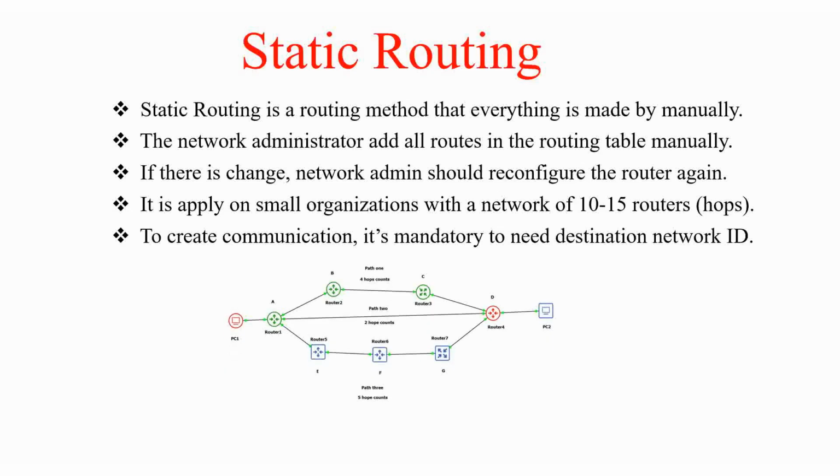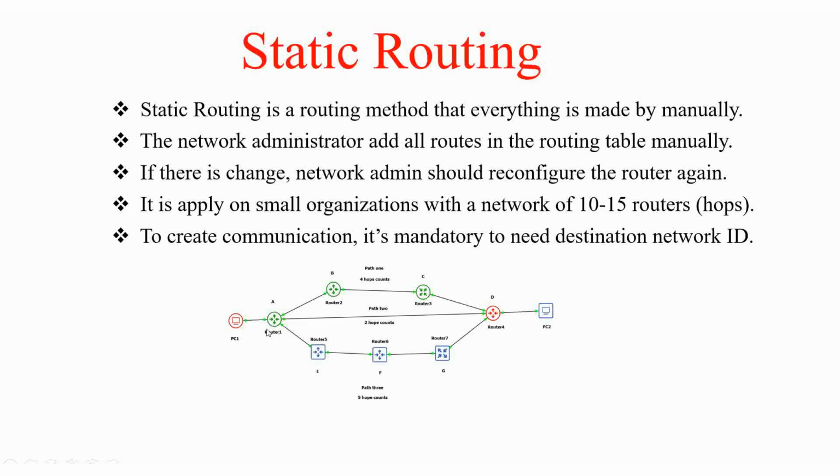routing ማለት። So for example we have this topology, and as we have seen from this topology we have many paths. For example, this PC1 is our source and this PC2 is our destination. So for example, to reach from PC1 to PC2 we have three options. It means we have three paths.